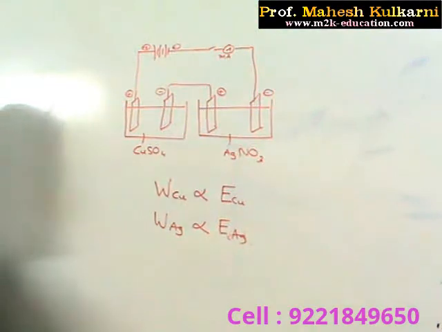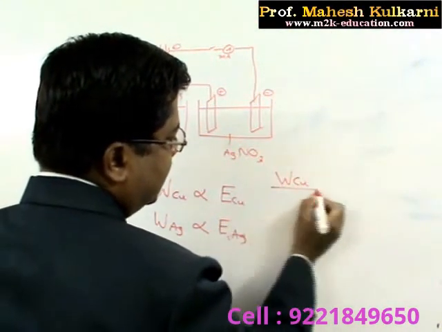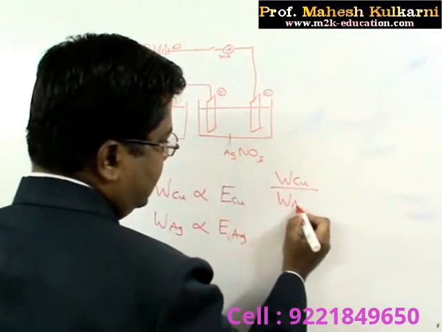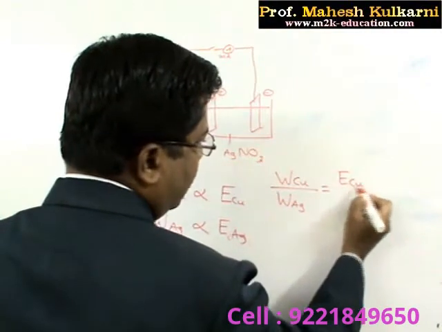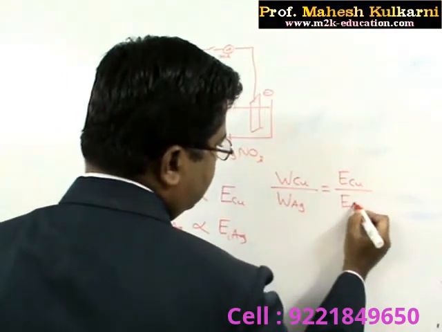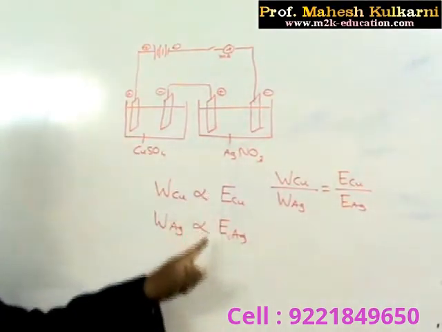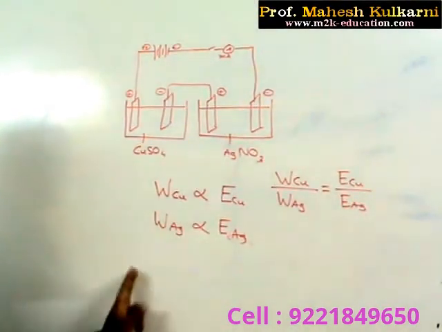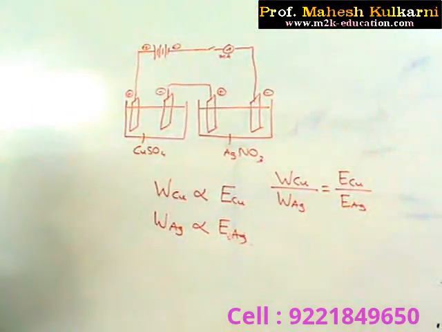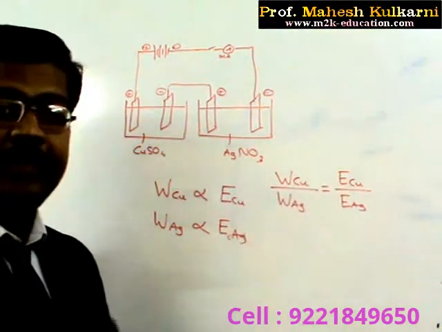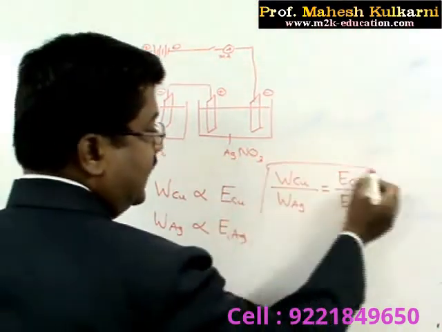Combining, the weight of copper deposited upon the weight of silver deposited equals the equivalent weight of copper upon the equivalent weight of silver, because the constant is there on both sides and I eliminate it. So the weight of substance deposited is directly proportional to the equivalent weight of the substance. This is Faraday's second law.